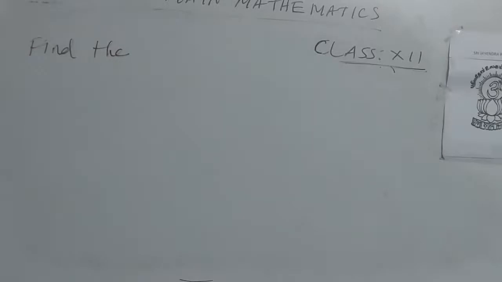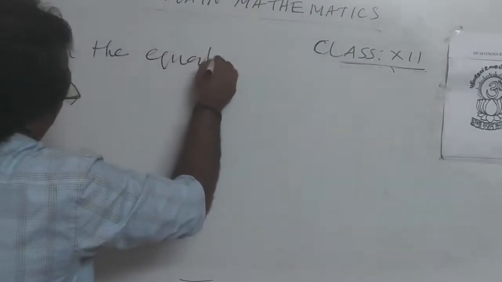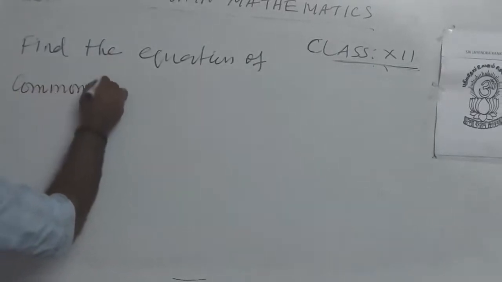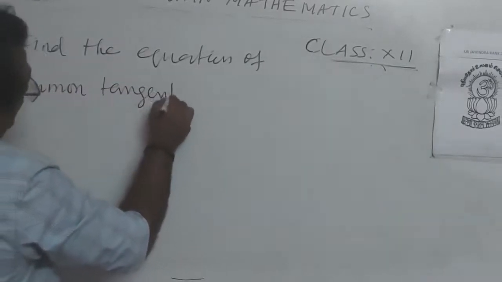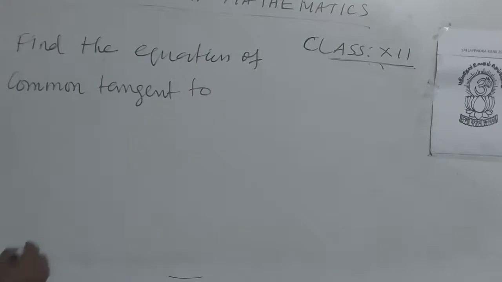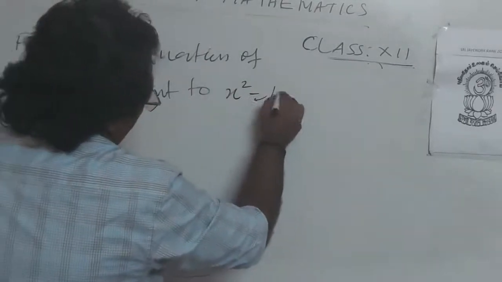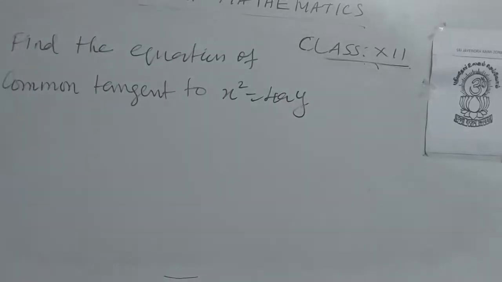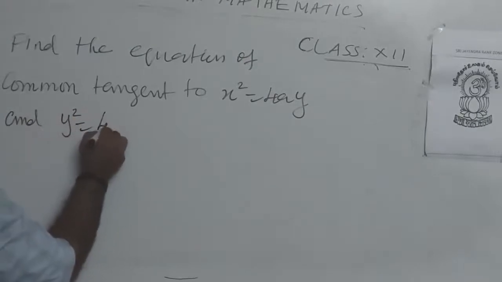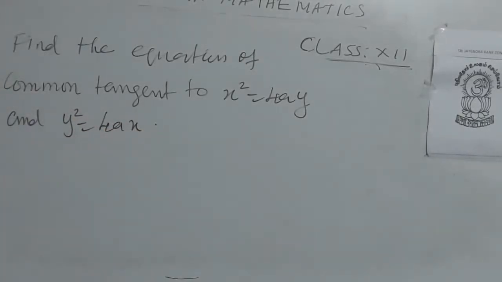Find the equation of common tangent to x squared equal to 4ay and y squared equal to 4ax.